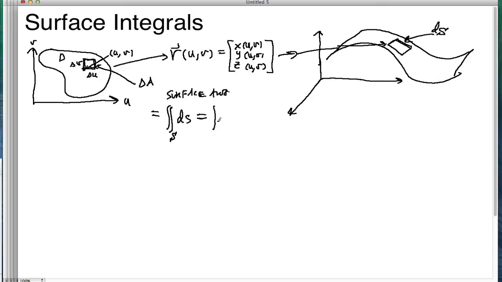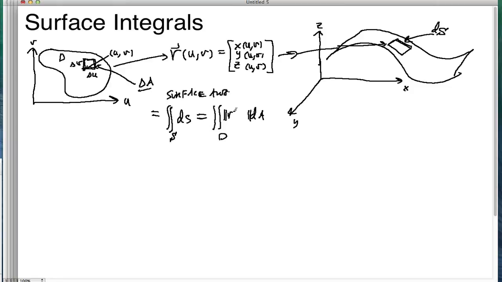And so we can recast the integral in terms of an integral over our UV space rather than our X, Y, and Z space. And what we do though is we have a dA now representing the infinitesimal little area patch, but we have to put in a little volume distortion.